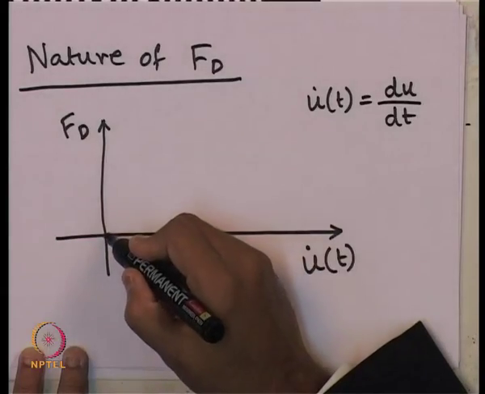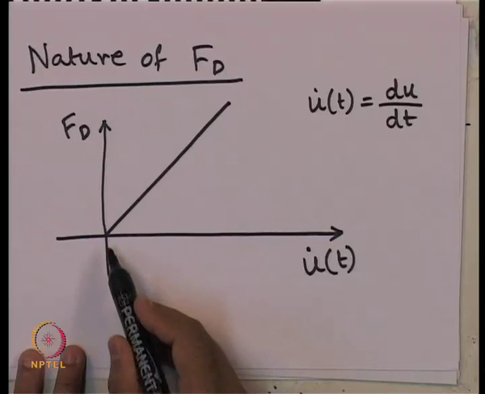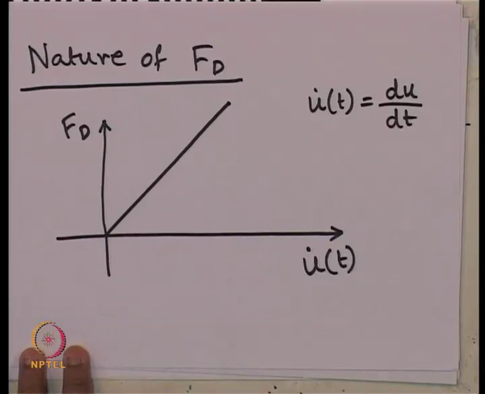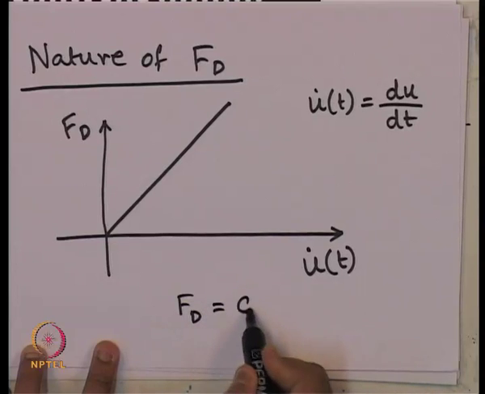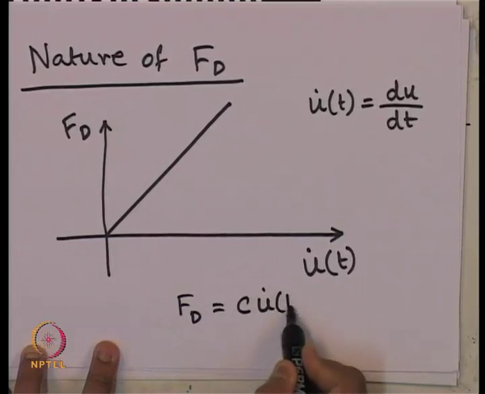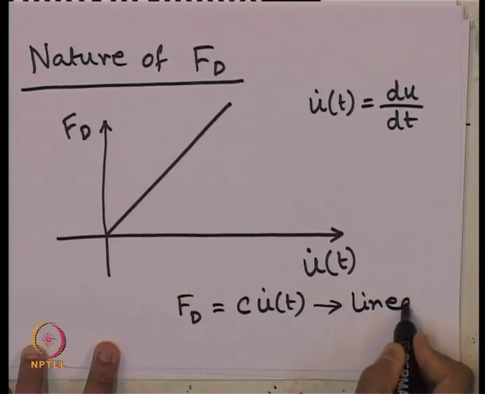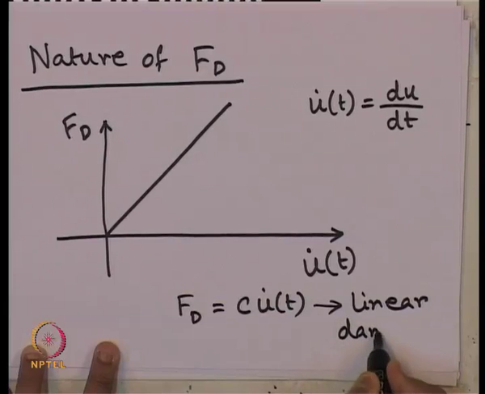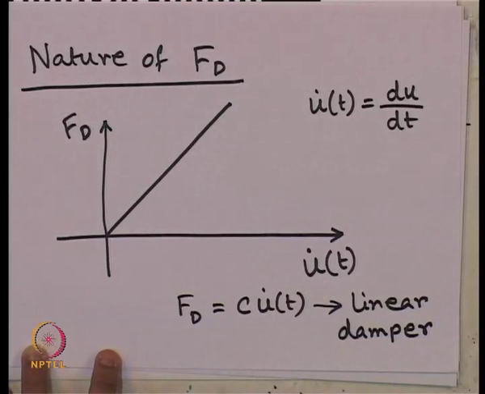It can vary like this, that is, linear starting from this zero point. In that case, we write F of d equals c times u dot t, which is again valid for a linear damper. If the damper force varies linearly with respect to the velocity, then the slope of this line is nothing but the damping constant or damping coefficient.